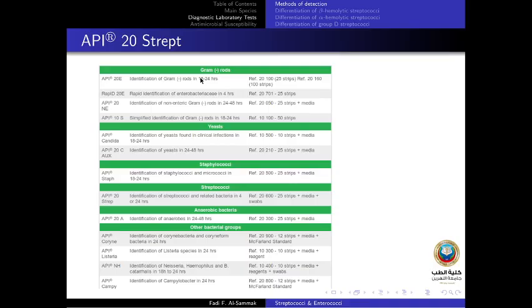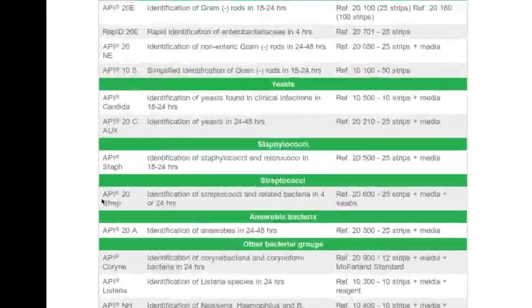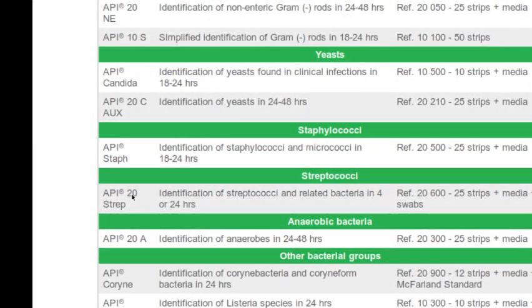for different bacterial groups, and also for yeast, and also for staphylococci, and also you have one here for streptococci, the API 20 Strep, which is used for identification of streptococci and related bacteria, which is meant here by the enterococci, in 4 to 24 hours.